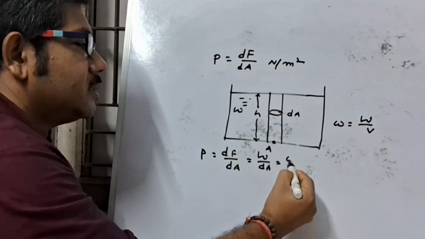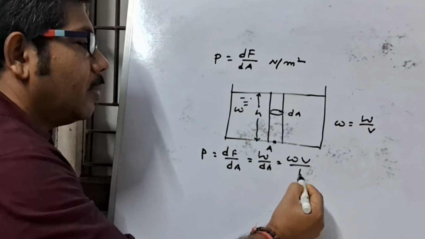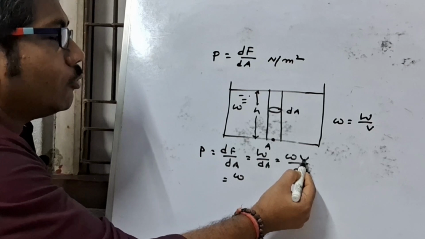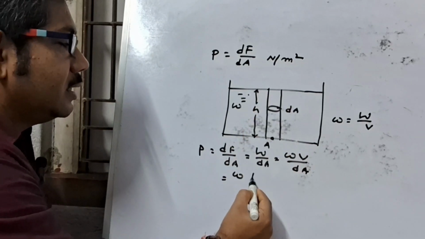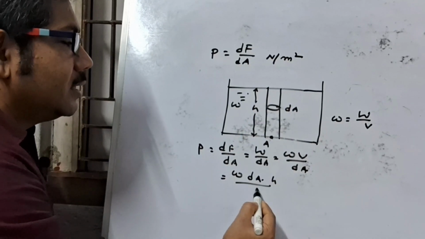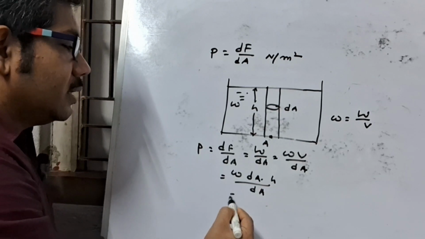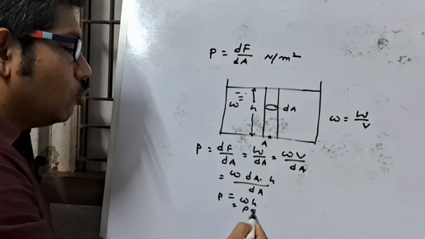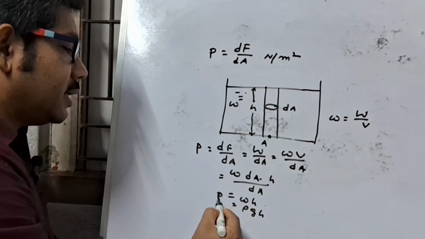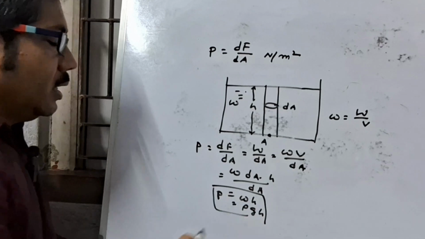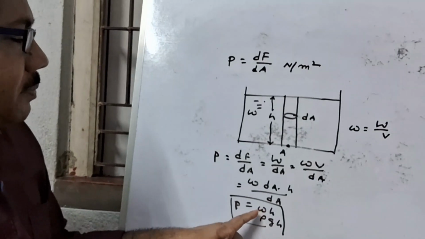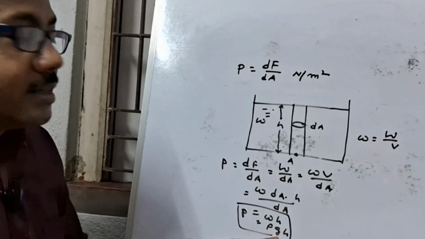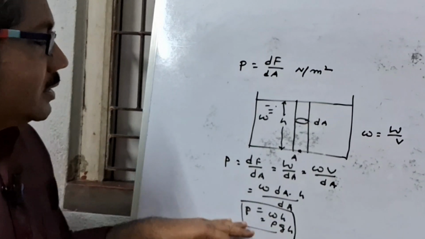W means omega, specific weight into volume, by dA. Again, specific weight and volume means area into height. This is dA into height by dA. So this is omega h, or rho g h. This is pressure. Pressure equal to omega h, specific weight into height, or rho means density into gravitational acceleration into height. This is pressure measurement.